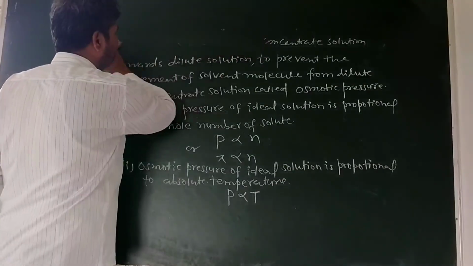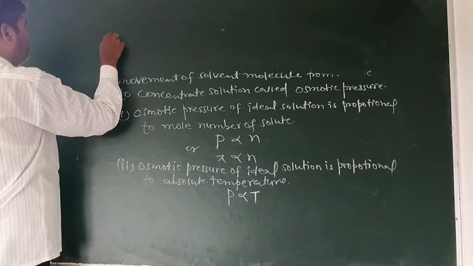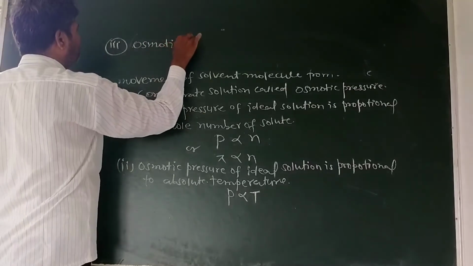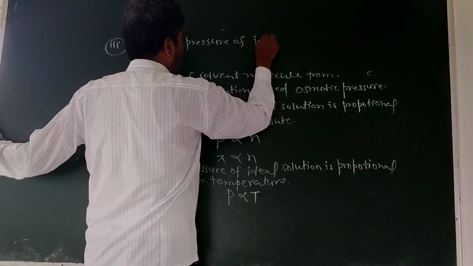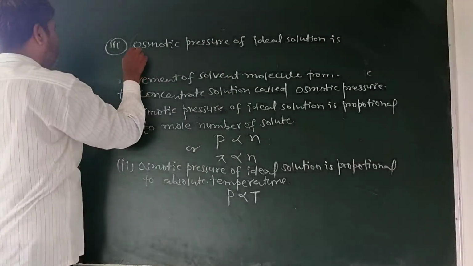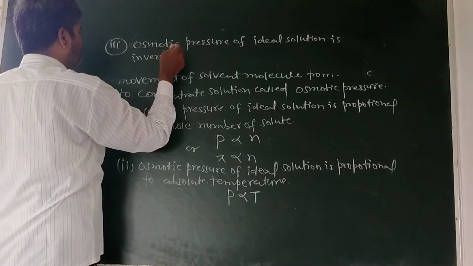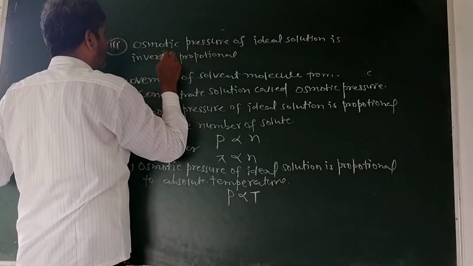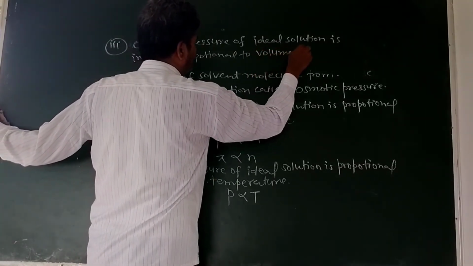Third case, osmotic pressure of an ideal solution is inversely proportional to the volume of solution.